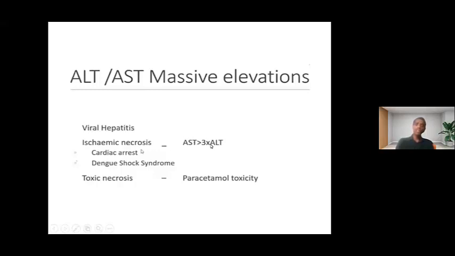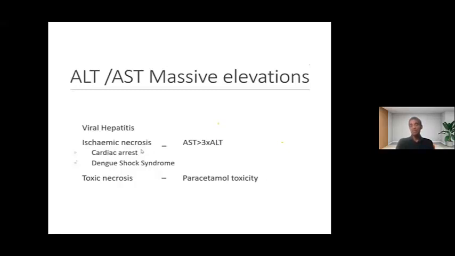So one marker is that if you see AST more than 3 times the upper limit of ALT, that suggests ischemic necrosis, which is ischemic hepatitis. The other marker is the elevation of creatinine, because if there's systemic hypotension or low blood pressure, it affects the liver as well as the kidney.